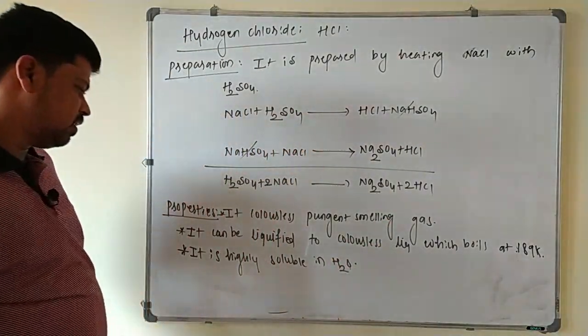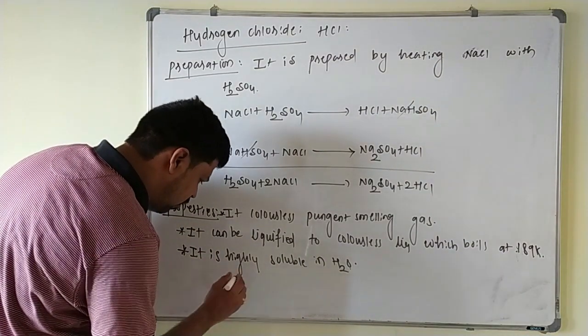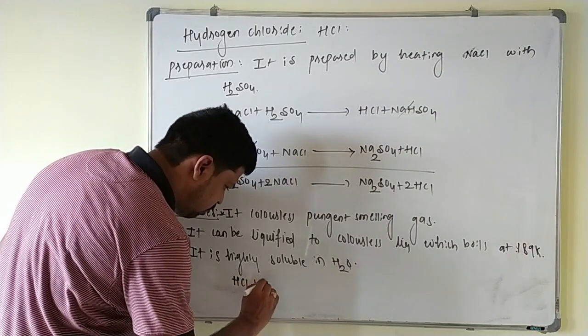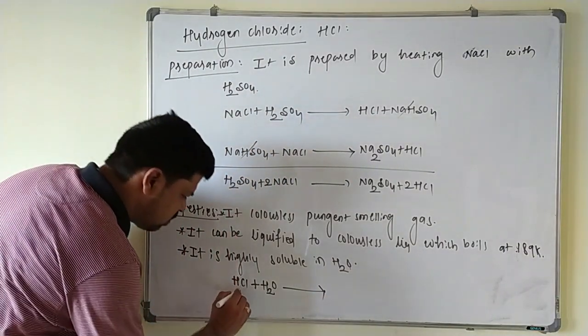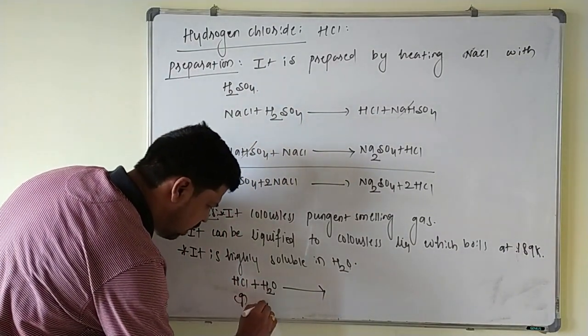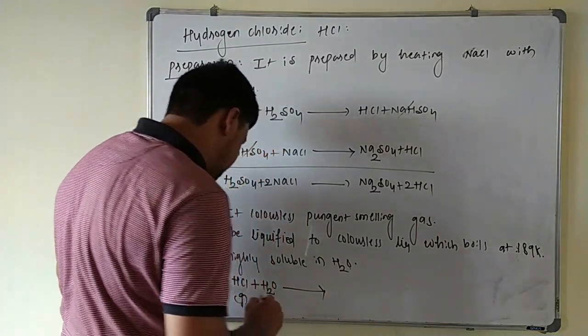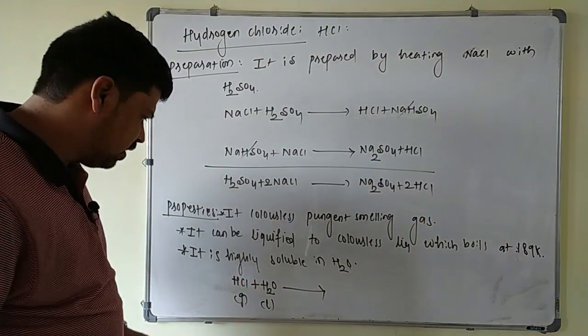So in water it is highly soluble and it will ionize in water in the following step: HCl plus H2O gives, so this HCl is a gas. Whenever it is dissolved in water, it is highly soluble, so that it will dissociate into H plus and Cl minus on adding to the water.